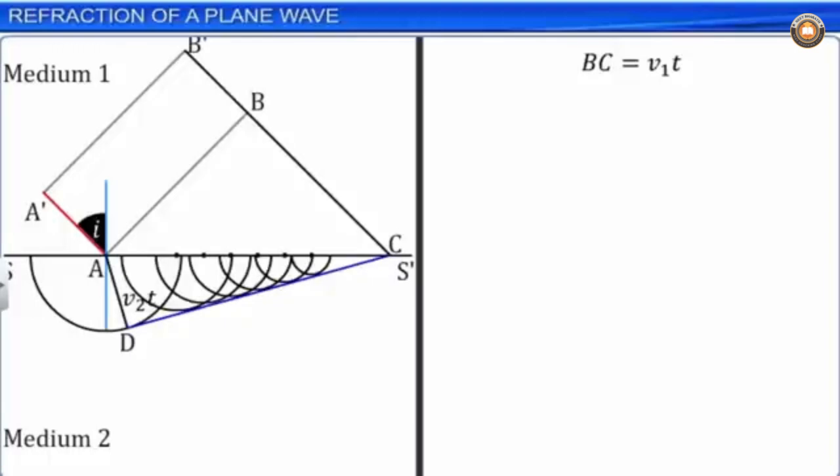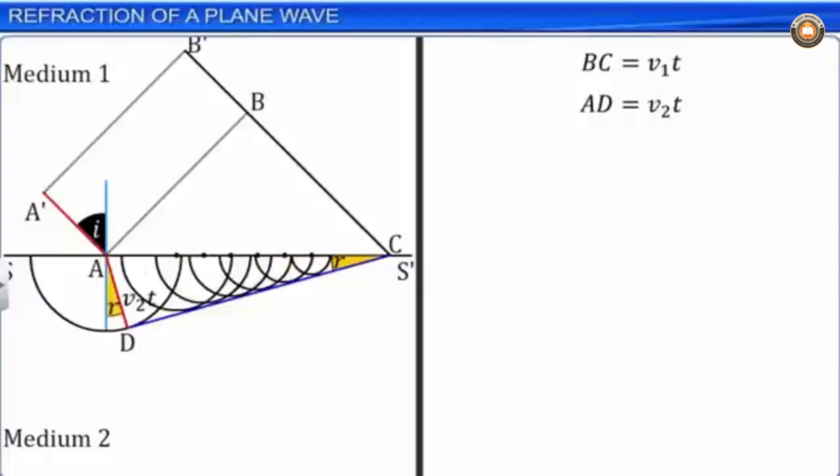Note that AD, being the radius of the hemispherical wavelet generated at A, is equal to V2t, and the direction of AD is the direction of the refracted wave in medium 2. If the angle made by the refracted wavefront CD with the interface SS' is R, then it is the same as the angle of refraction.